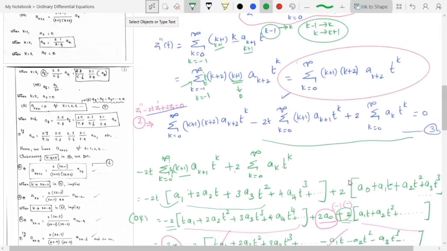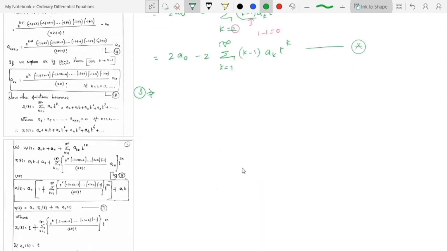Substituting star in equation 3, the first term of equation 3 is the summation k varies from 0, of (k plus 1)(k plus 2) a_(k plus 2) t power k.